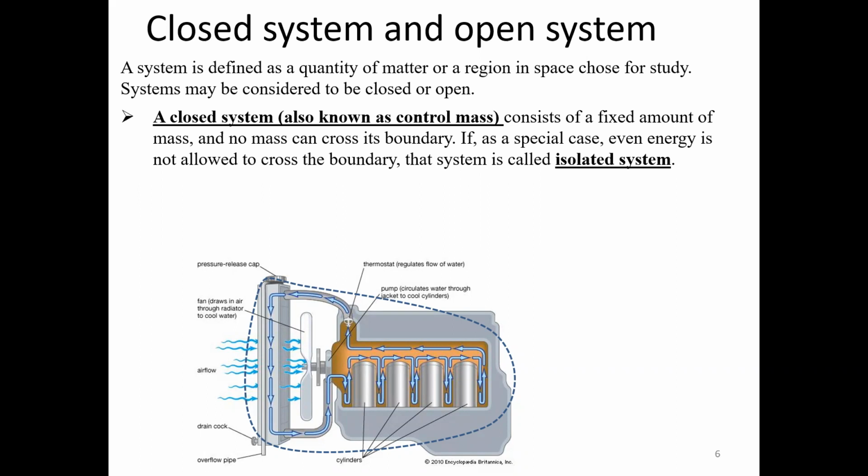Okay, such as this engine. You can see this is a cross section of a vehicle engine, and as you can see, there is cooling water circulating inside. This water circulates inside the engine to cool the engine always, because otherwise, if you are not cooling the engine, then of course the temperature will rise, and then the metal will start to melt.